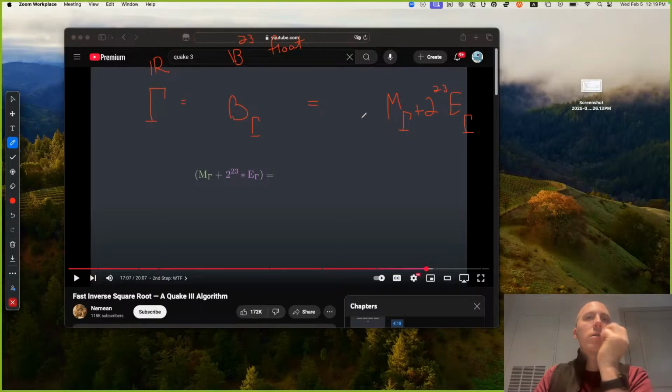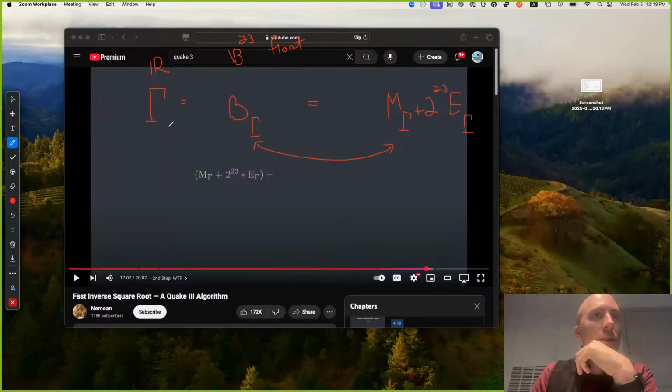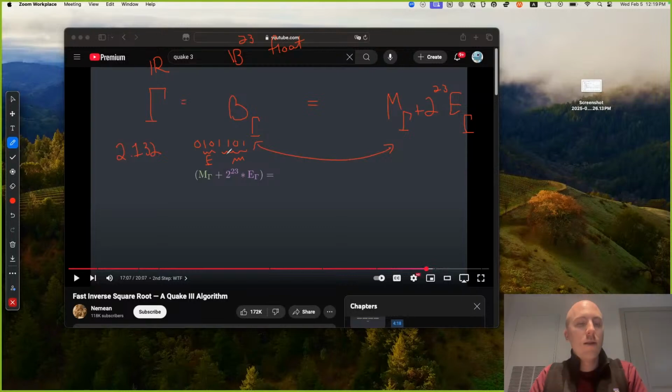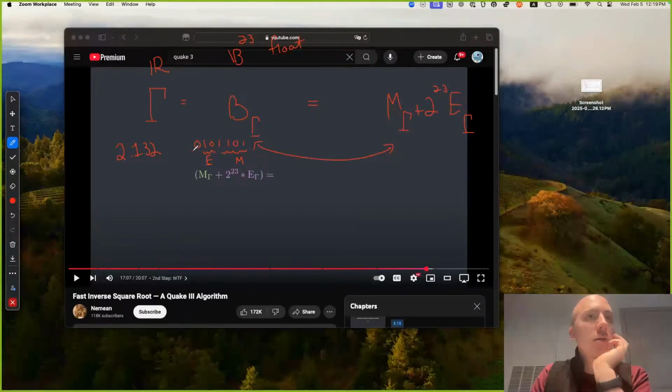These two things are definitely equal, but gamma could be like 2.132, and this bit thing could be like 0.011110001, where this is the exponent part, this is the mantissa part, and this is the sign part.